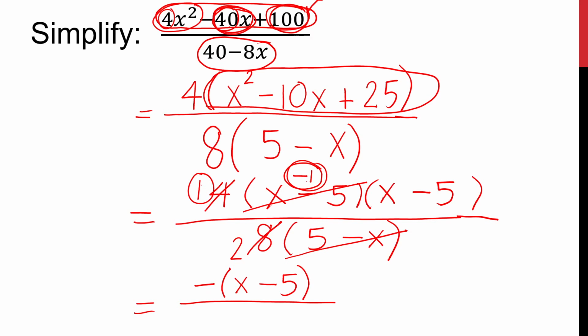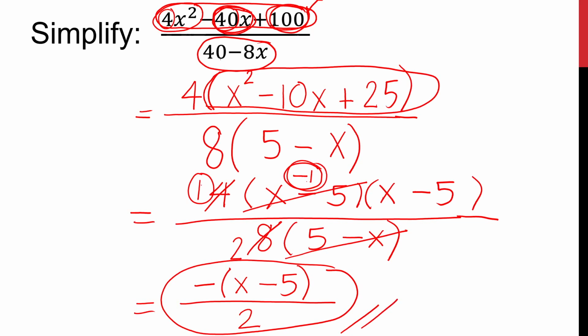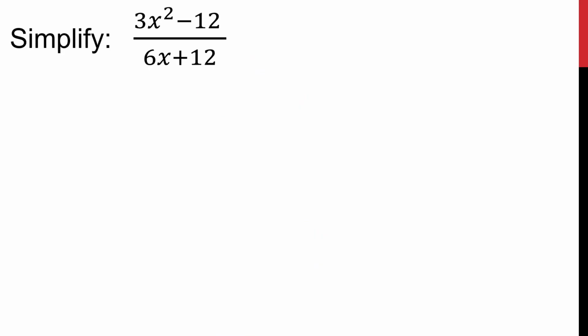Yes, sir. And what remains in the denominator? 2, sir. This will be your answer. Any questions about this example? Do you understand? Yes, sir. Okay, let's have another one.